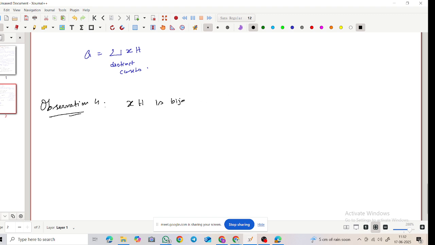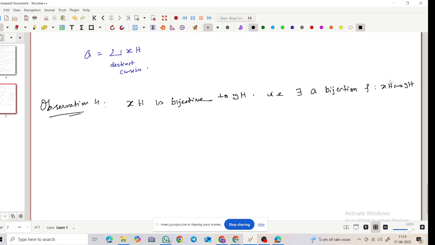XH is bijective to YH. That is, there is a bijection from XH, maybe we should write this.